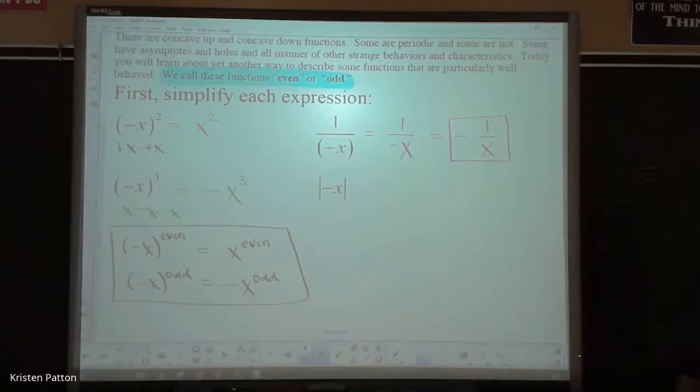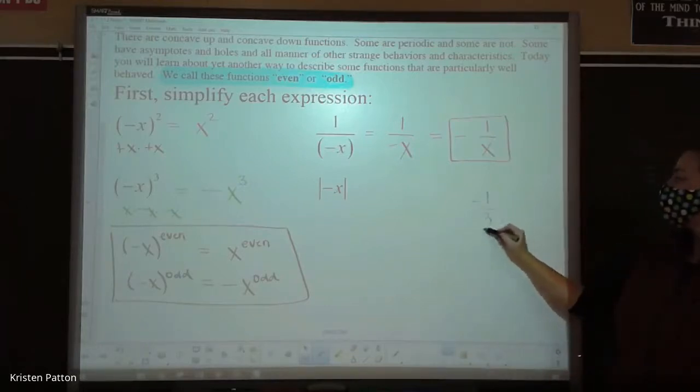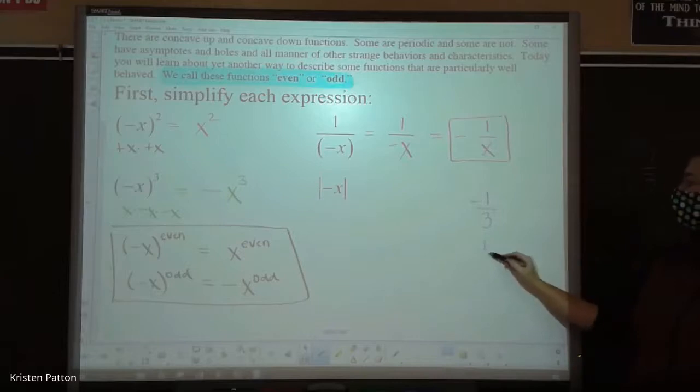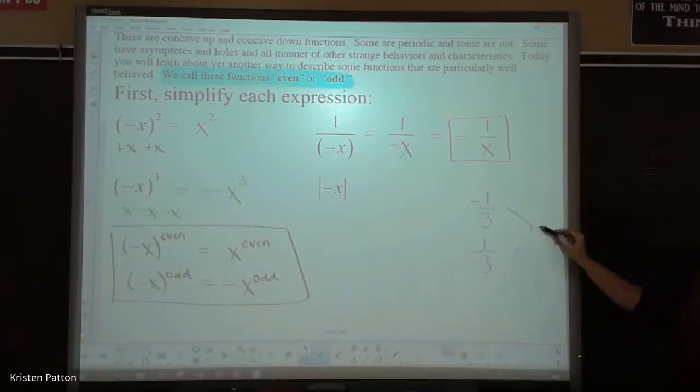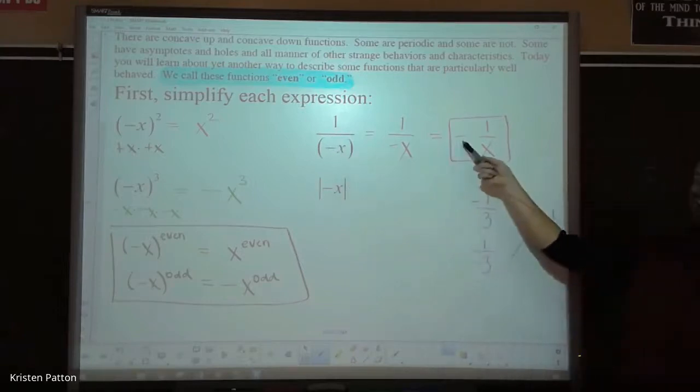And it means the same thing, right? When we talk about a fraction with a negative, negative 1 divided by 3 is the same as 1 divided by negative 3, which is the same as negative 1/3. Agreed? That's what I just did there. 1 divided by negative x is the same as negative 1 divided by x.